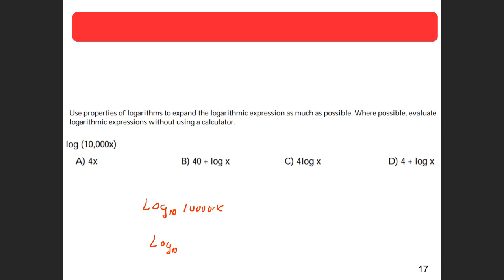So that's log base 10 of 10,000 plus log base 10 of x. Now, log base 10 of 10,000, isn't that just 4? Because 10 to the 4th power is 10,000. So this is just 4 plus log base 10 of x. That is simplified as far as I can take it. And I believe that was problem number 10.